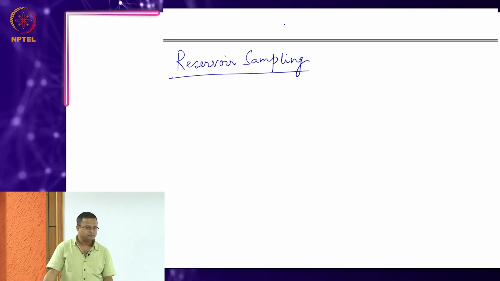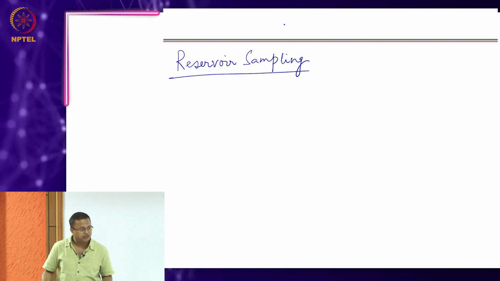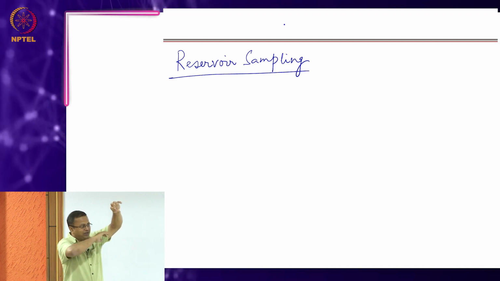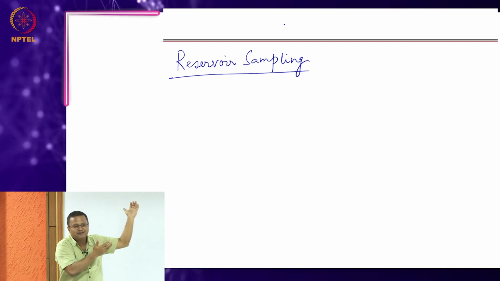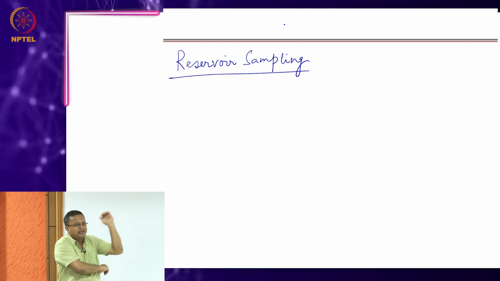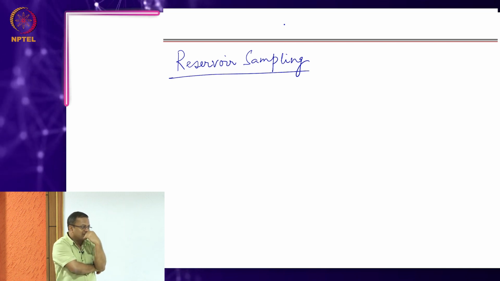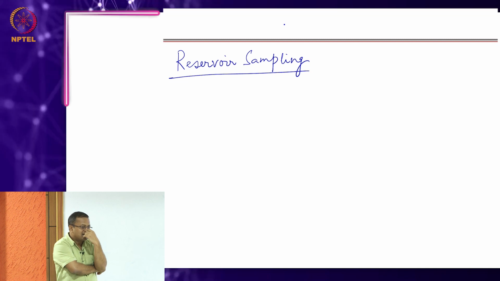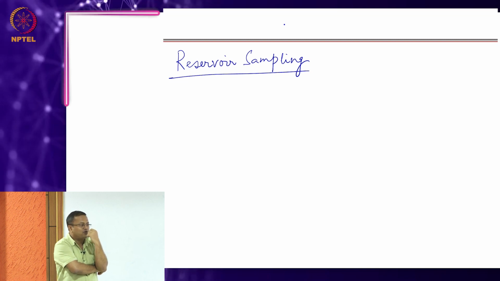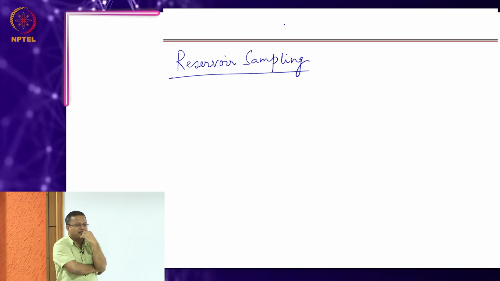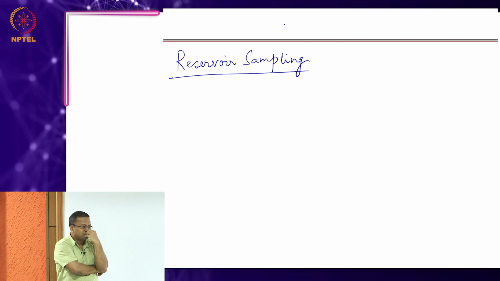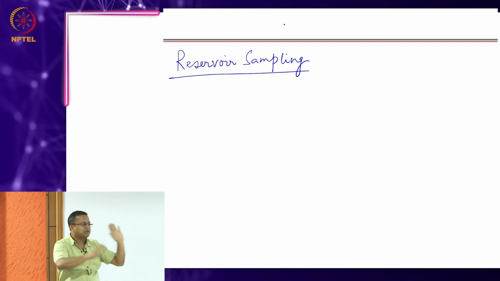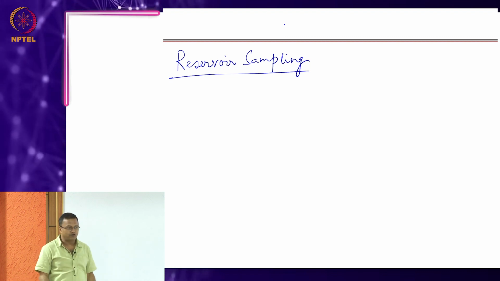Now, you must be appreciating this fact that if it is a probability, there should be something above, something below. Now this below thing, it does not know till the stream has gone past. How can it draw a sample that is uniformly random? You understand the problem and the difficulty of it? Okay.